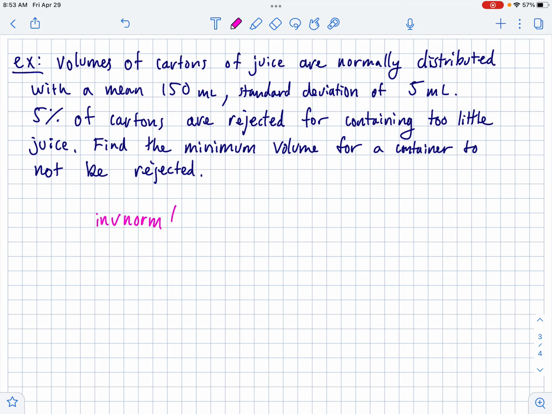So we'll just do invNorm 0.05, 5% as a decimal. The mean is 150, and the standard deviation is 5. Crunch that out, and you get 142. Well, actually, they rounded. I'm going to go two decimal points, because that's what I do. 0.05, 150, standard deviation of 5.